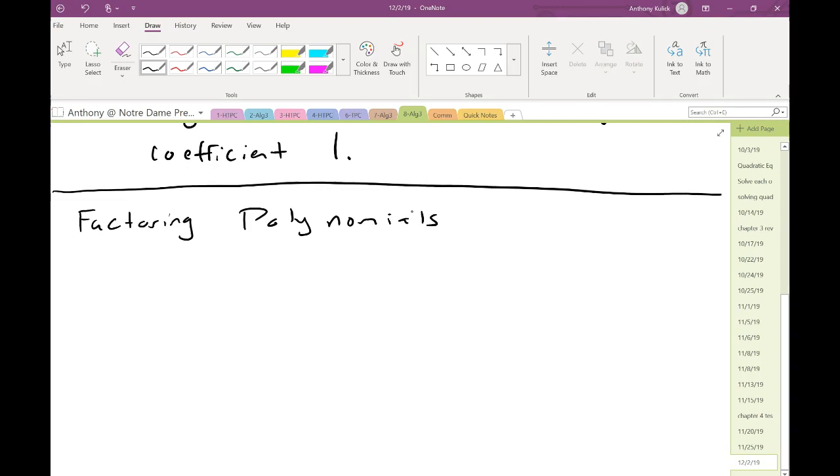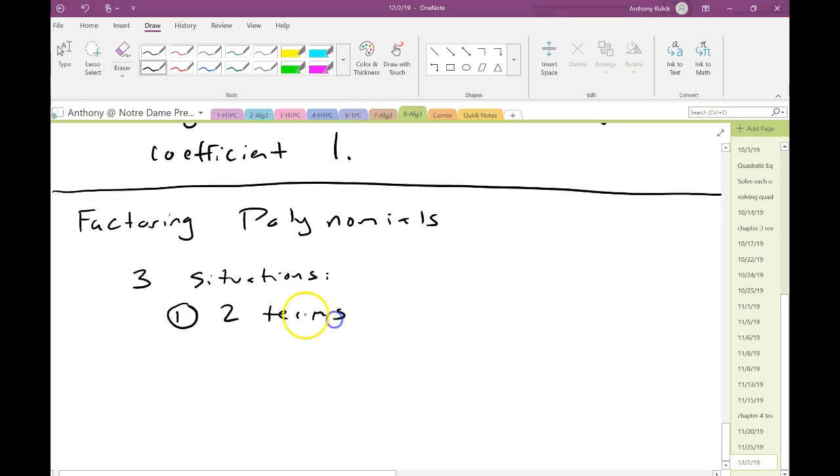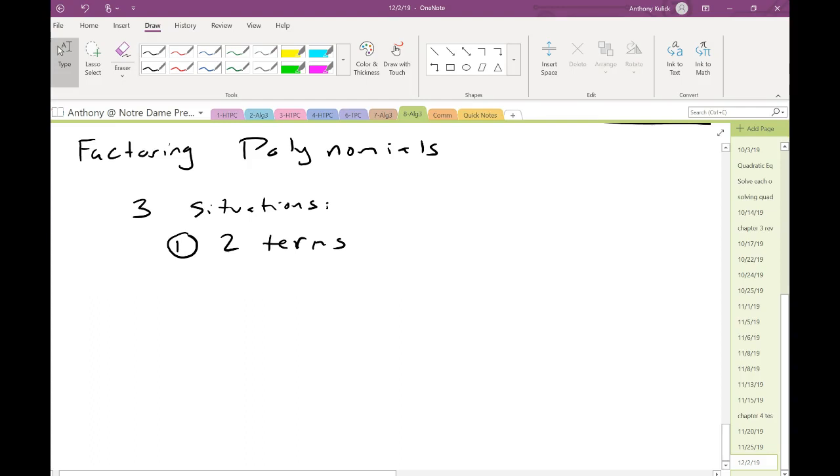So we've talked about how to factor a quadratic, right? We're basically going to be looking at three situations here. The first situation is if I have two terms. So if I have two terms, there's three different factoring patterns I might employ.